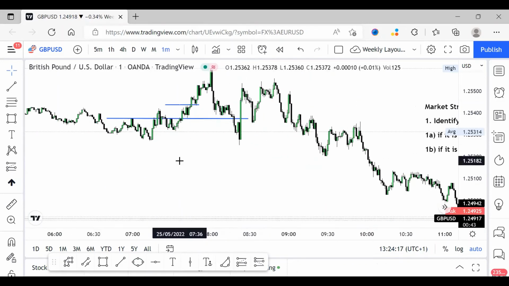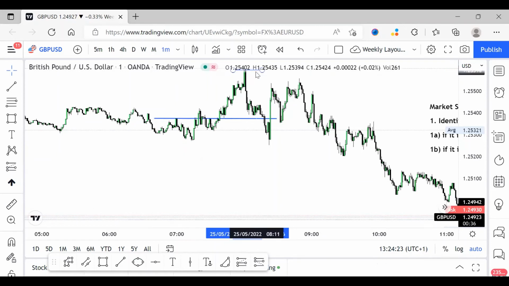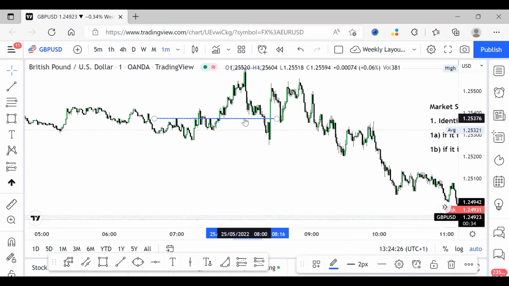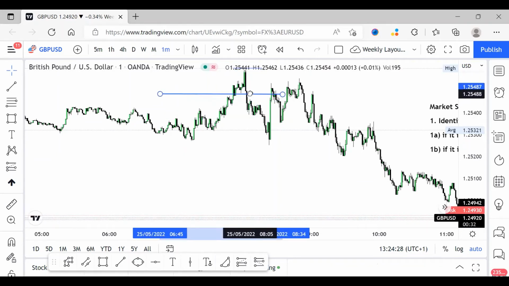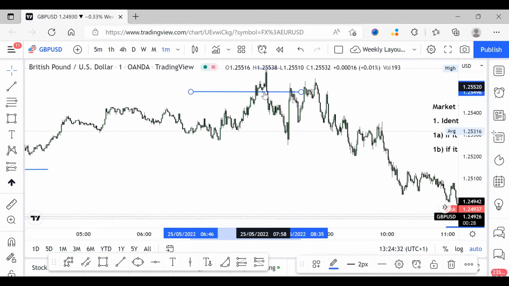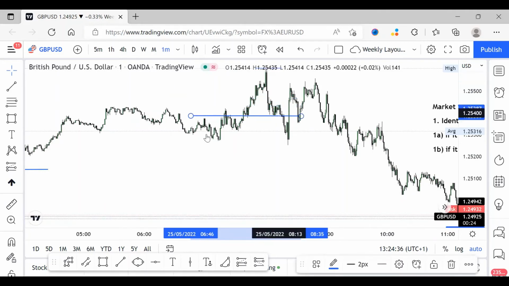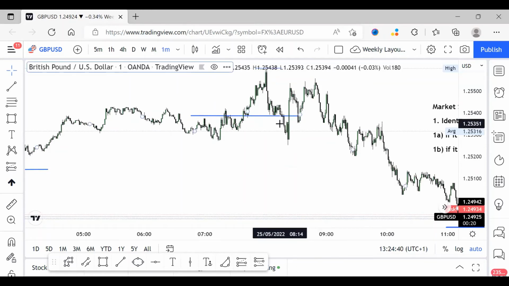Now as we come to this particular area, we're going to see what price does. We have made a higher high, but we made here a lower low, and it didn't make any more highs. So it's making lower lows continuously, but it's not making higher highs.